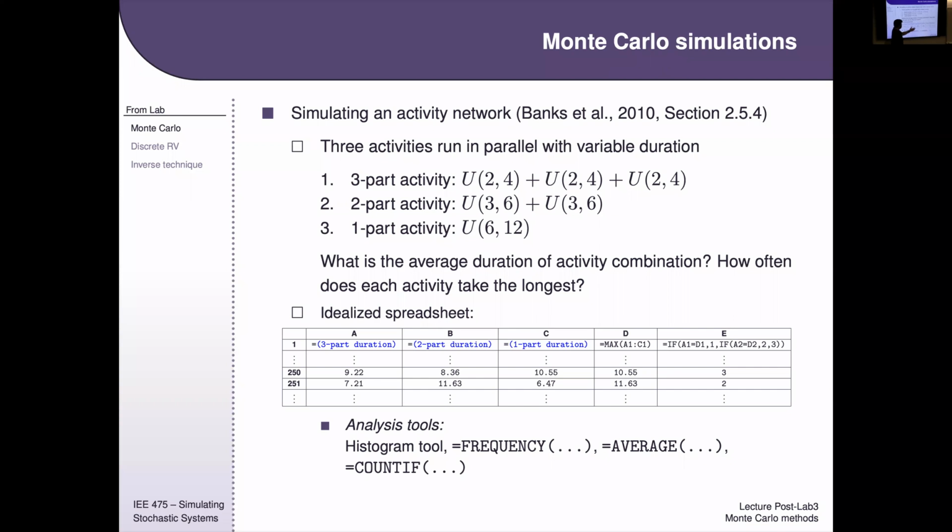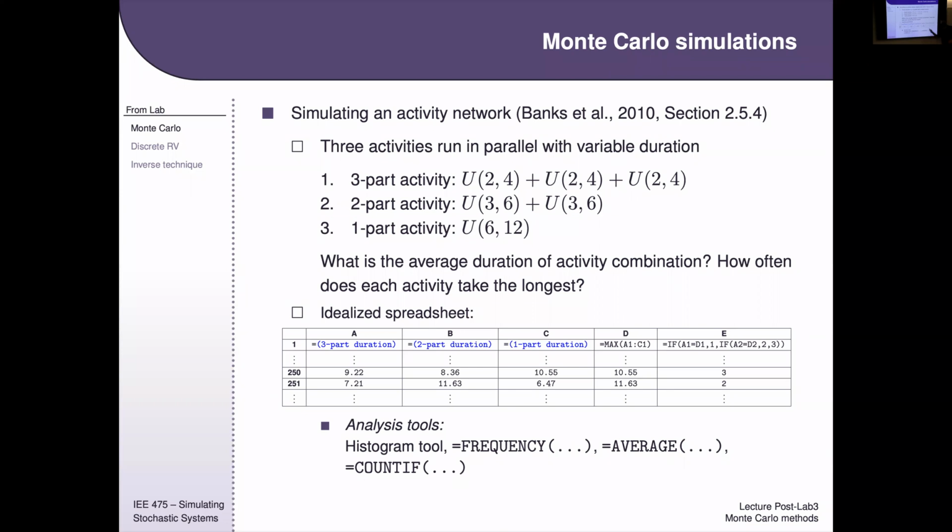So what we do to test that is we generate a spreadsheet kind of like this one, where we can generate a 3-part duration, the top path, a 2-part duration, the middle path, and a 1-part duration, the bottom path. This is a sum of 3 random variables, this is a sum of 2, and this is just 1 random variable. We then take the max of these, and then we ask which path is equal to the max. That tells us which path is the so-called critical path.